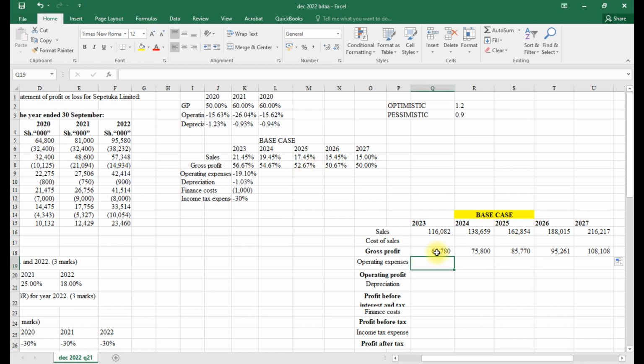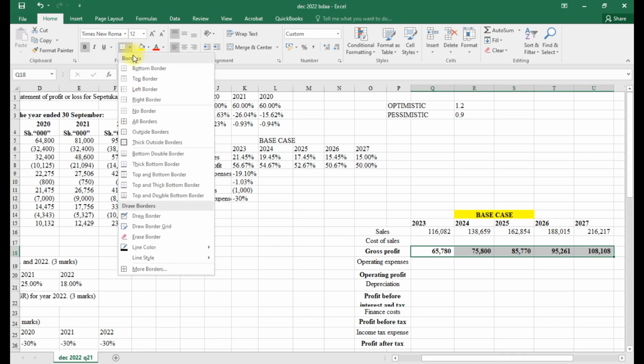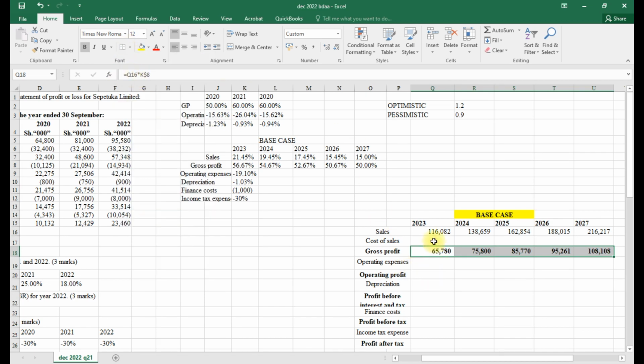I'll highlight this to bold it, control bold, I'll put the top border, that way. So to get the cost of sales, this will be this minus the gross profit, that way, that will be the cost of sales for that period.